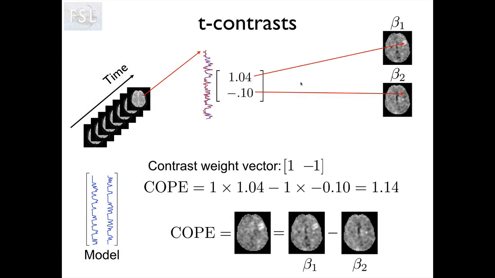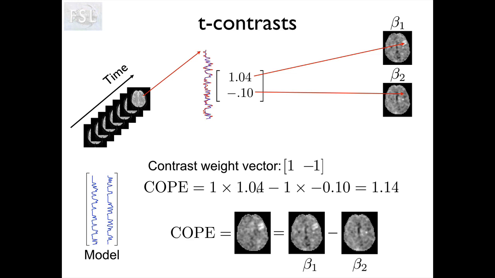So let's go to our example again. We have here a voxel, and in that voxel the value for beta 1 is 1.04 and the value for beta 2 is -0.10. We have the contrast weight vector that is looking for areas where the parameter estimate for beta 1 is larger than the parameter estimate for beta 2, i.e. areas that are more interested in word generation than word shadowing.